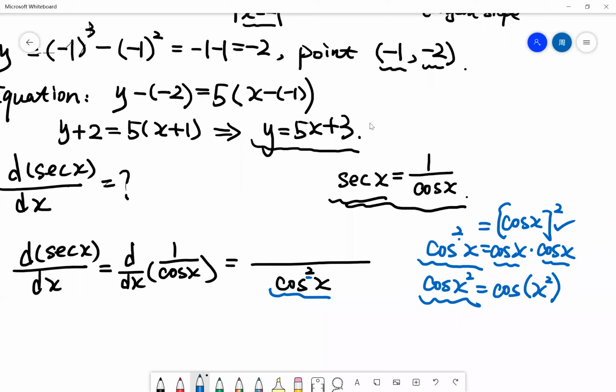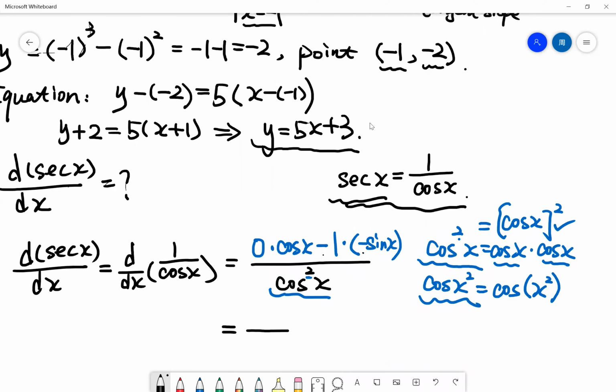And then here, that is the derivative of 1, which is 0, times cosine x, minus 1 times the derivative of cosine x, which is minus sine x, right? So we simplify it: 0 times cosine x equals 0, so we don't write it. And the minus makes a plus.